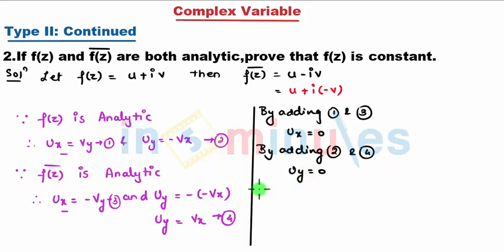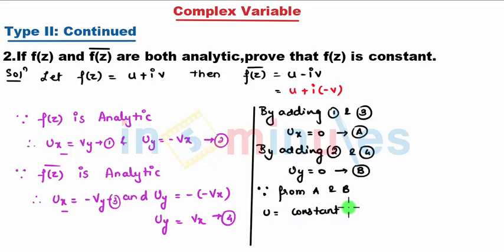Let's name these as a and b. Since from a and b I can write that u is a constant.